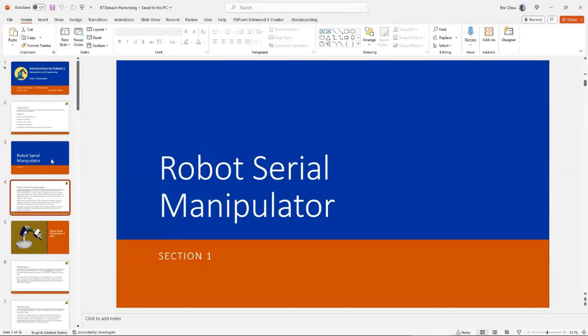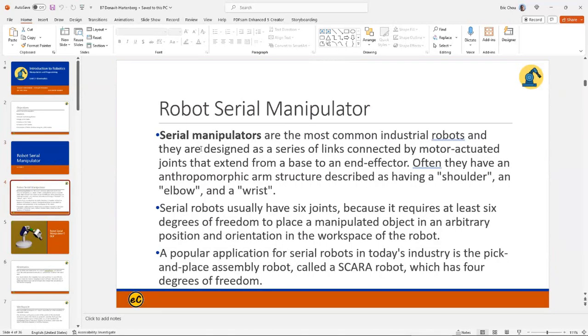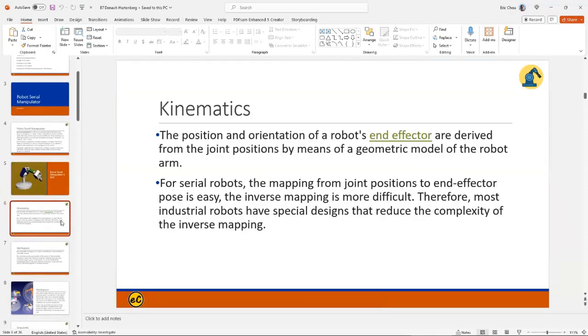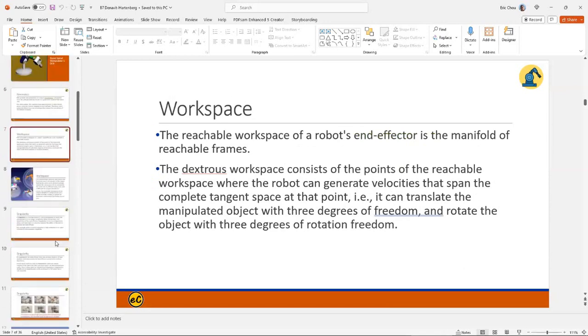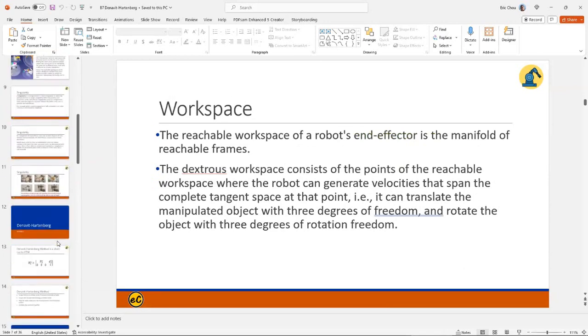If there is a robot serial manipulator, the serial manipulator is the most common industrial robot, and they are designed as a series of links connected with motors at the joints. There are different kinds of joints. There's one kind of joint called a rotary joint, and there's one kind called a prismatic joint.